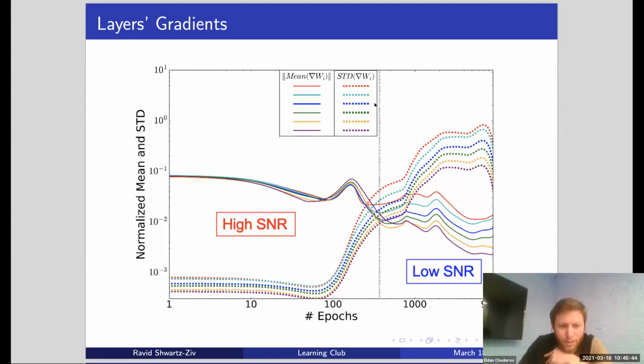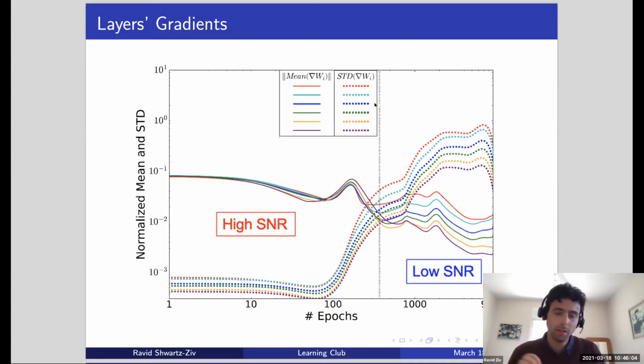Can I ask a question? Yes. Just to make sure, the values here are the mean and the STD of the labels in the training, not the mean and standard deviation of the weights of the network. No, it's the mean and standard deviation of the gradient of the weights for each layer.